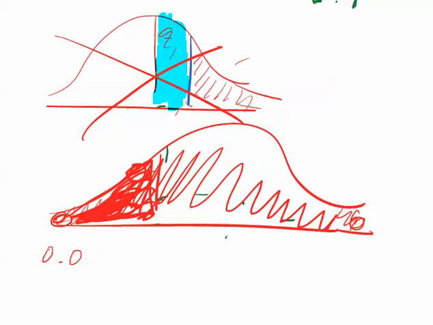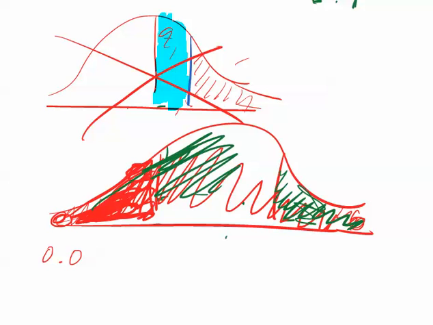If it's on this side, if you're looking for the green part here, then in the tables that we use, all this area is given. All right, so you have to subtract it from 1 to get that. And is that clearer? I hope.